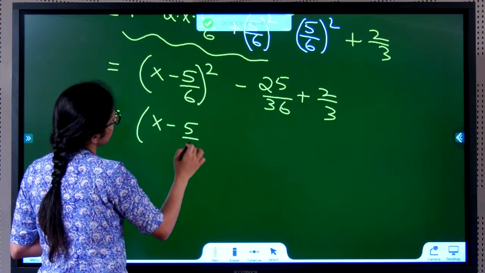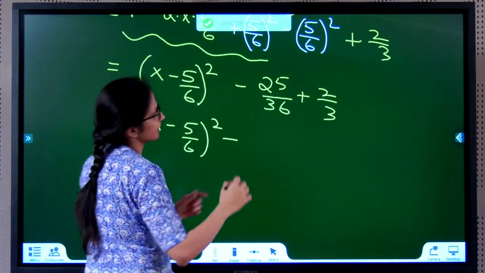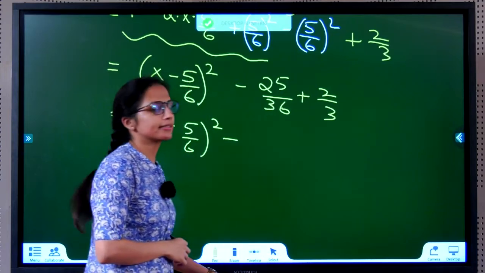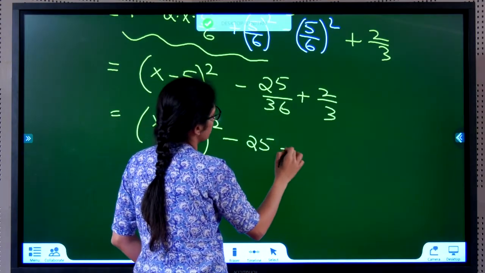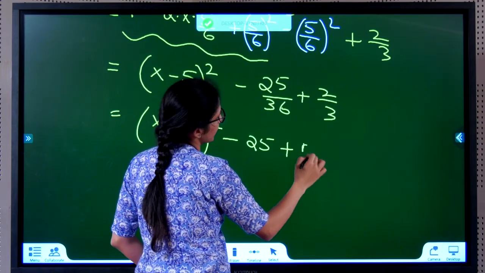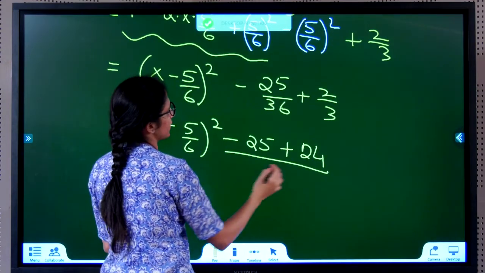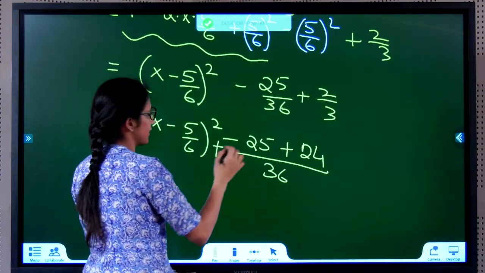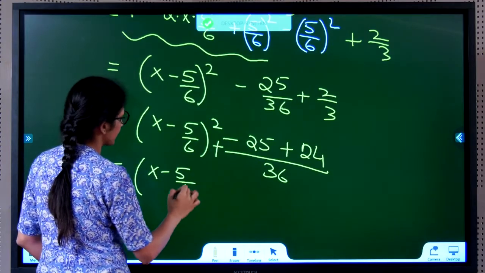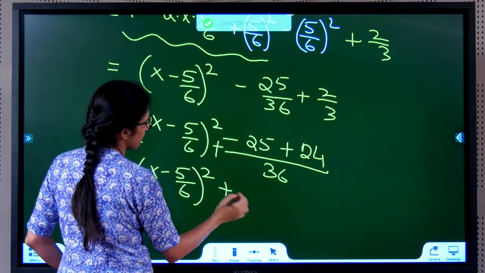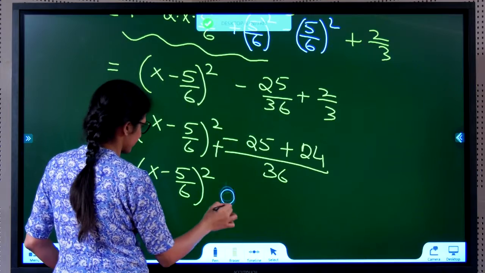So x minus 5 by 6 the whole square minus, 3 twelves are 36, so 2 into 12 is 24, and the negative sign is with the 25 divided by 36. So it becomes x minus 5 by 6 the whole square minus 1 by 36.